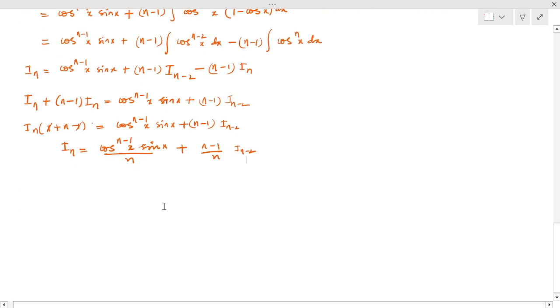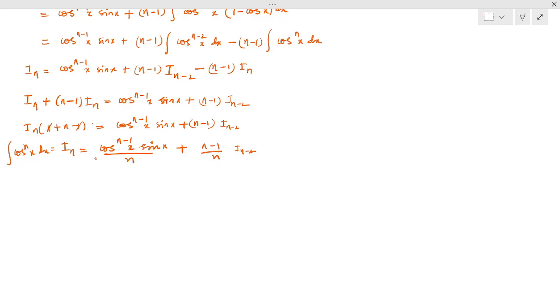This is the reduction formula for integration of cos raised to n x into dx. Hope you have no doubt while deriving the reduction formula for cos raised to n x.